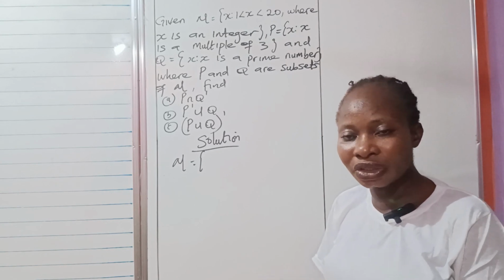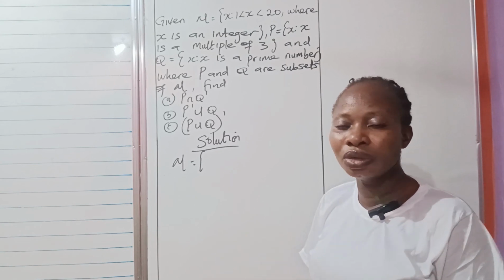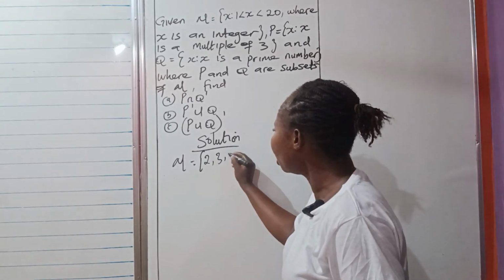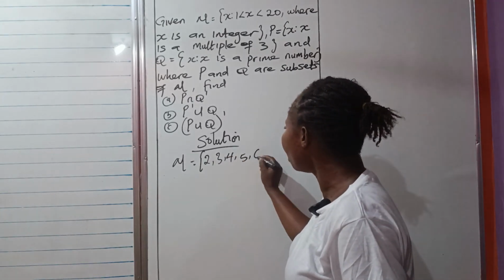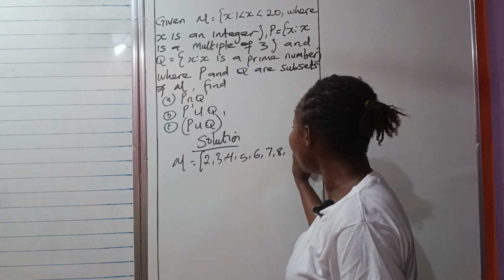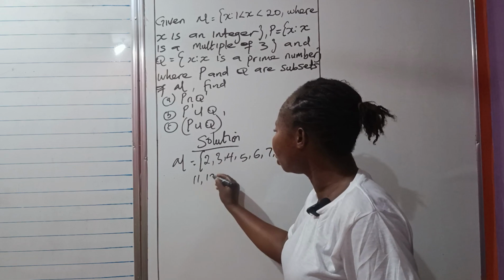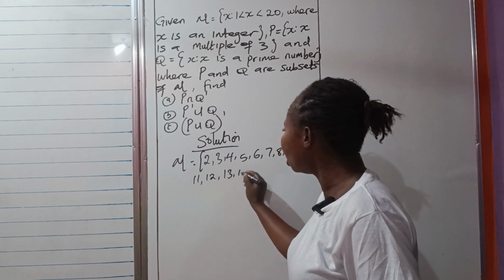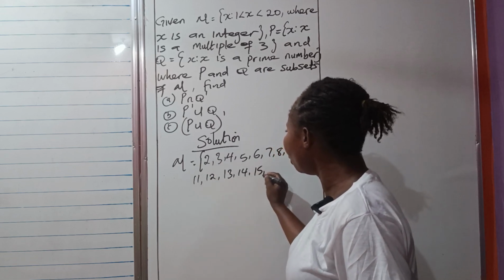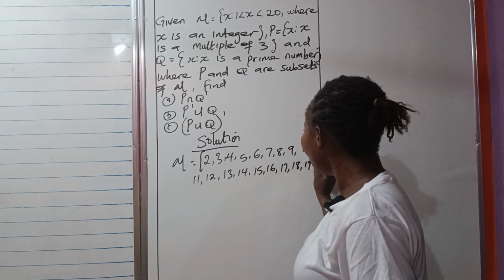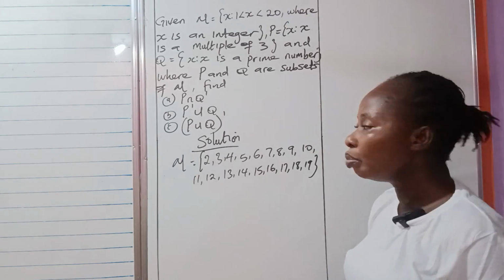So let's take the integer numbers between 1 and 20. So we have 2, 3, 4, 5, 6, 7, 8, 9, 10, 11, 12, 13, 14, 15, 16, 17, 18, and 19. These are the numbers between.